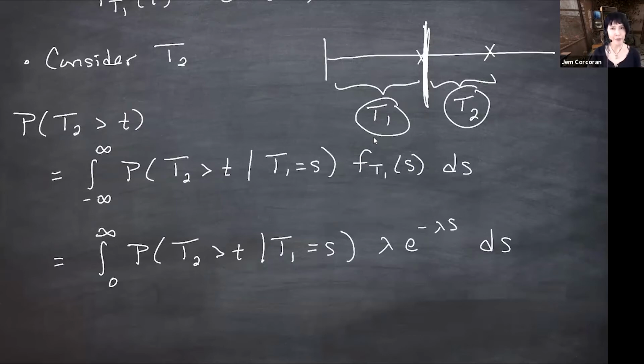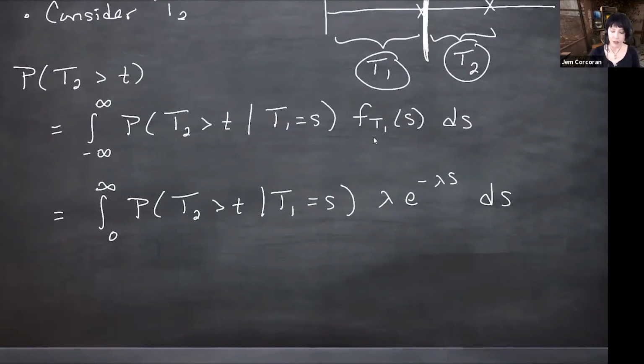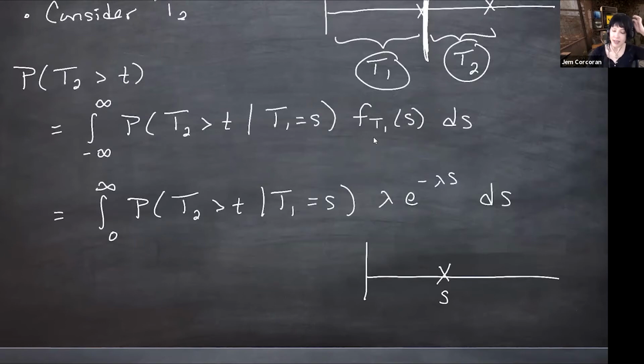And so now I'm going to rewrite this conditional probability in terms of the N of t process. So we have that the first arrival happened exactly at time s. And now I want the probability that the next arrival is greater than t units of time away.